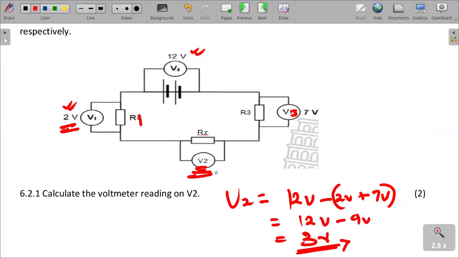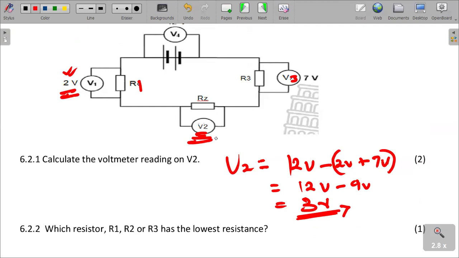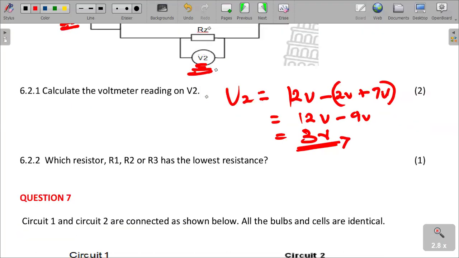That is what we can get: 12 minus V3 plus V1 minus V4. So 12 minus 2 volts plus 7 volts, we get the 9 volts, and then we subtract it from 12 and we get 3.